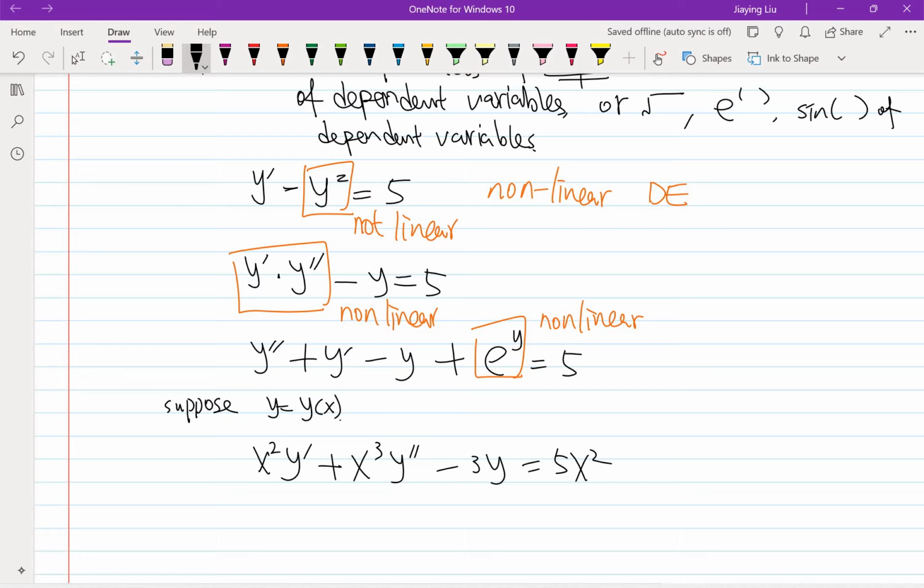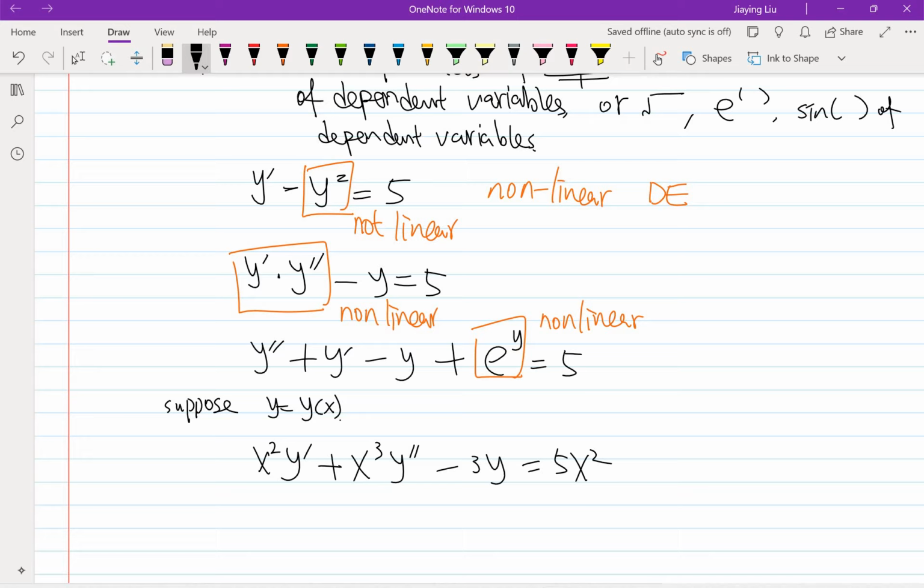Do you think this is a linear differential equation or nonlinear? Linear, right? So this is also an example of a linear one because we only look at the dependent variable, which is y. X is independent, so you don't have to worry about it when you look at linearity.